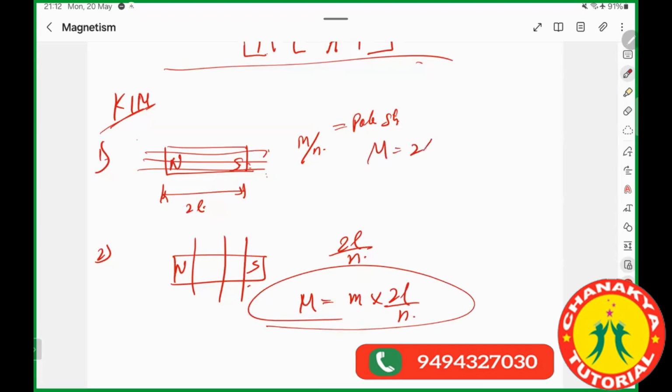So that's the difference here. M dash equals m by n. So in both cases we are getting m by n value. I'll make note of it.